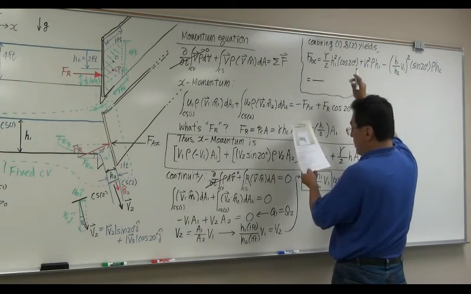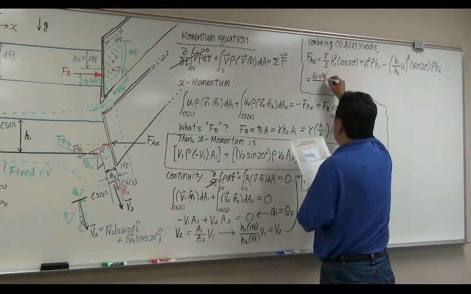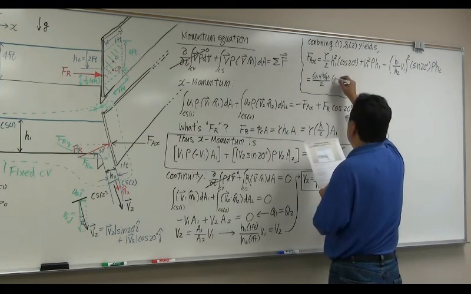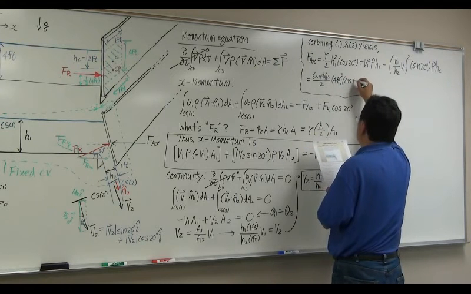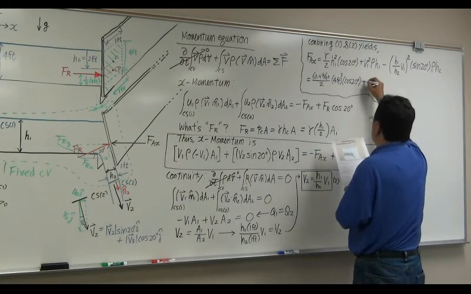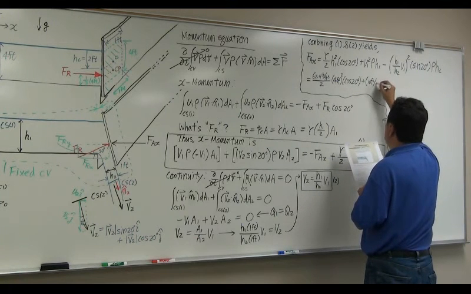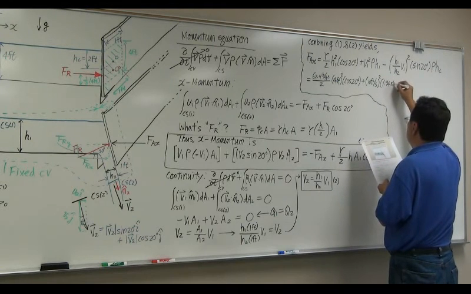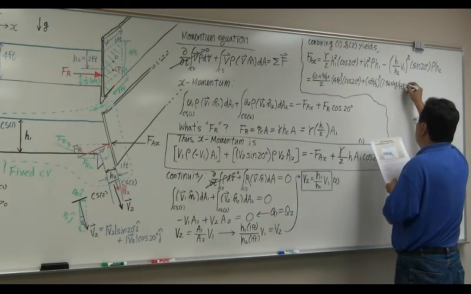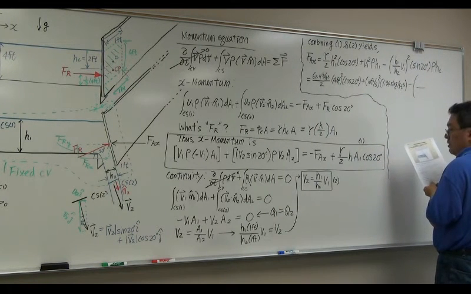So gamma of water is 62.4 pounds per cubic foot divided by 2. H1 is 4 feet, squared, times cosine 20, plus V1 is 10 feet per second, squared, density of water 1.94 slug per cubic foot, minus the ratio of H1 to H2.